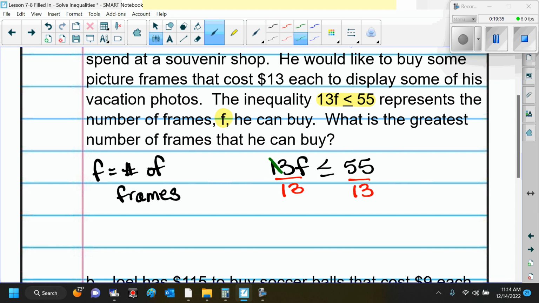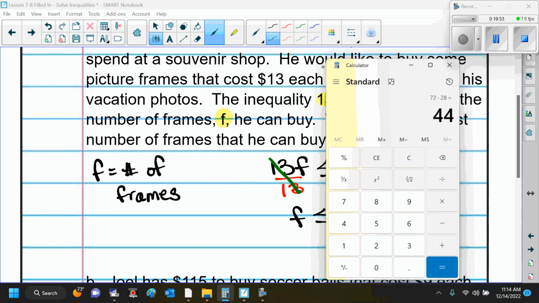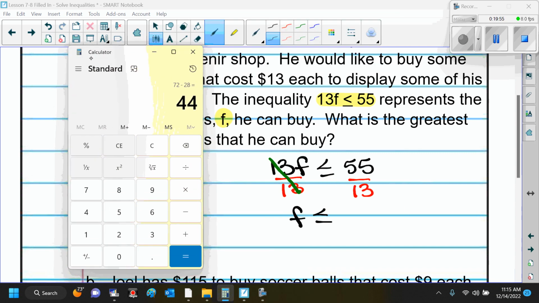So those 13s on the left cancel to 1, and 1 times f is f. Do I need to flip this inequality symbol? No, because that's a positive. Good. So then we use our calculator. We've got 55 divided by 13.